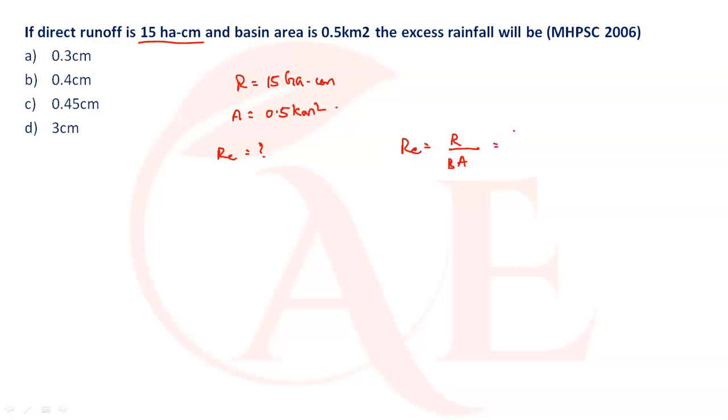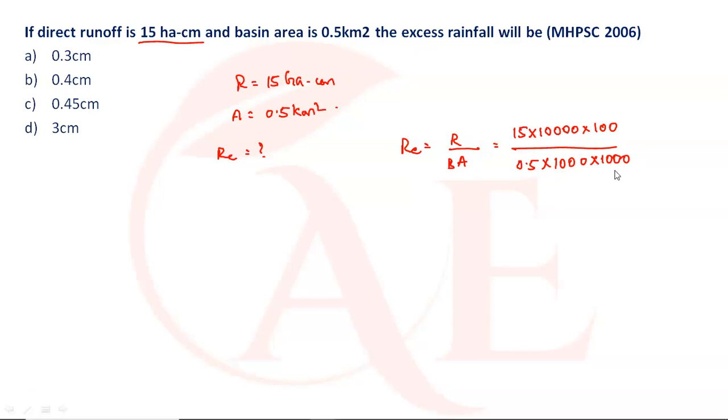So convert the hectare centimeter: 15 into 10,000 into 0.01 divided by 0.5 kilometer square, which is 0.5 into 1000 into 1000.